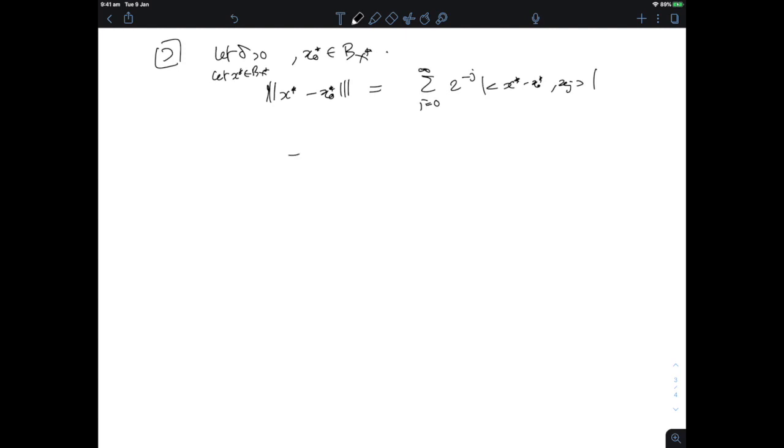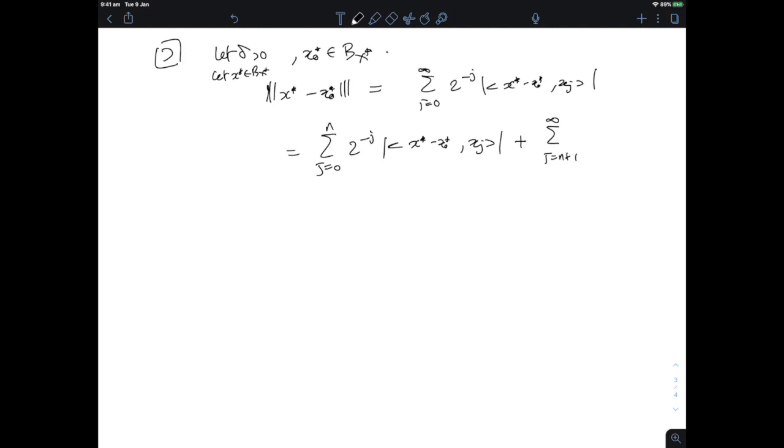So you can split that in 2 and write that as the sum j equals 0 to n of 2 to the minus j times x star minus x naught star applied to xj. And this being small is really a condition about being in a weak star neighborhood, testing against these finite xj's, j running between 0 and n, and then you have that plus the rest of the sum starting at n plus 1, and we're going to pick n appropriately in a minute.